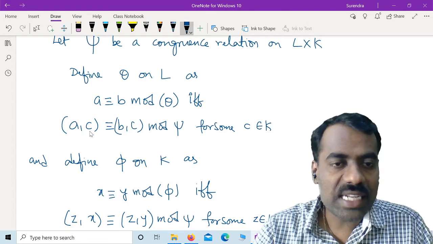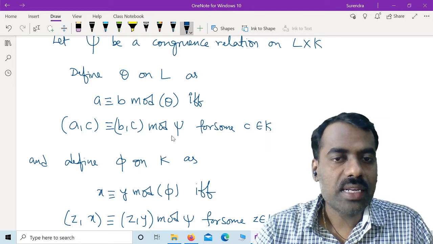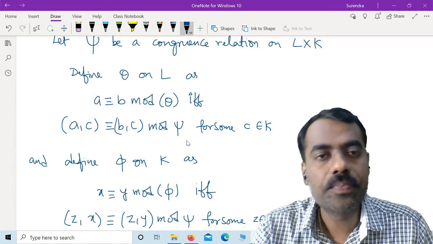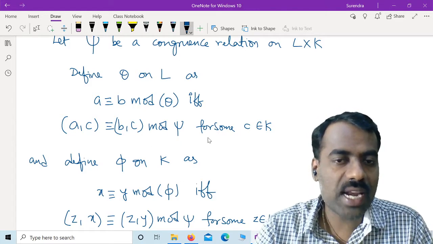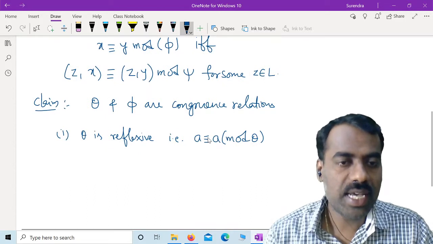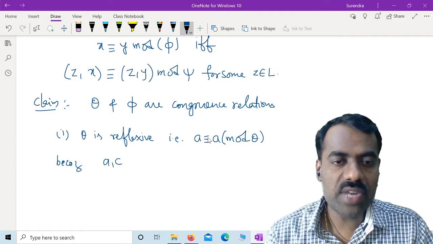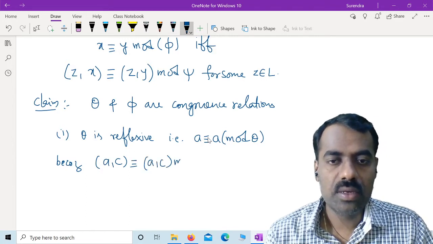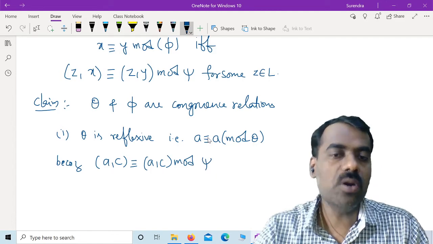So if at all we can get some element in K, using the fact that psi is a congruence relation, therefore psi is reflexive. So (A, C) is congruent to (A, C) modulo psi. You take any C, no problem. So therefore you get that A is congruent to A modulo theta.